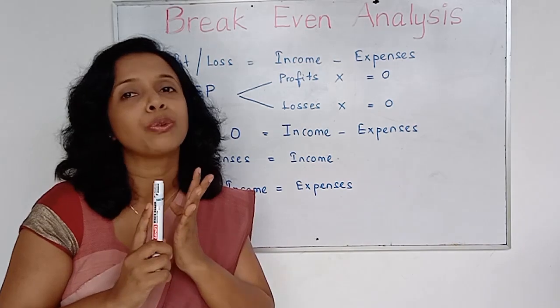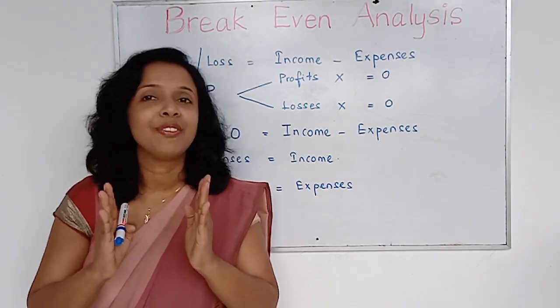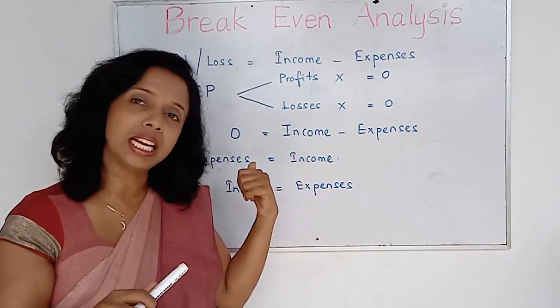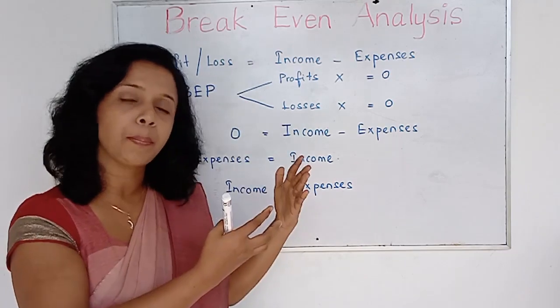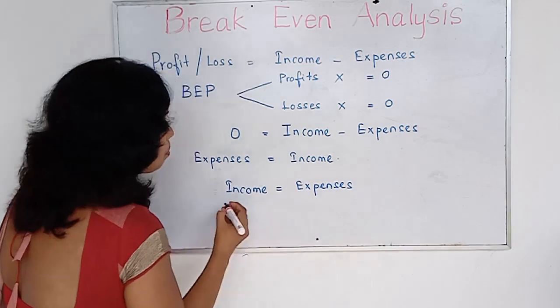That means you are going to ignore semi-variable cost. But in the practical world, we do have three types of expenses. For theoretical purposes, we ignore semi-variable cost. So that is the first assumption.